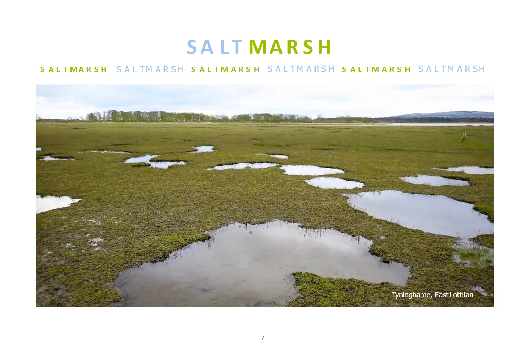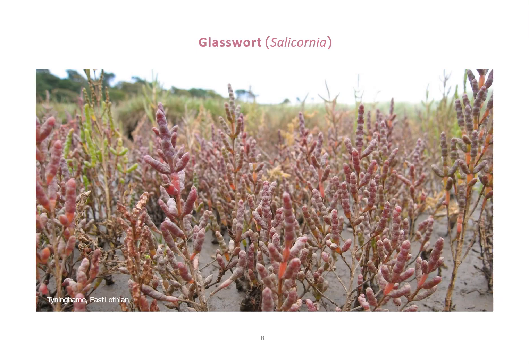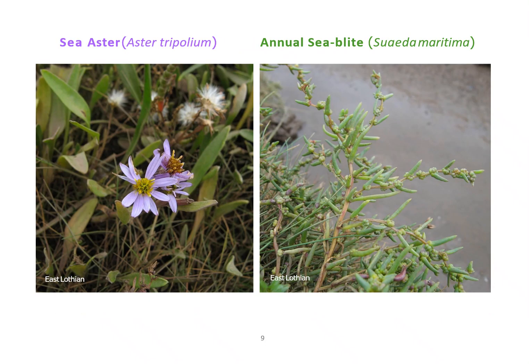Starting with the lower end, species like glasswort, Salicornia, very characteristic of the lowest salt marsh zone. And in the lower to middle zone, things like sea aster and the annual seablite, Suaeda. The sea aster is pretty common in the upper salt marsh zone, which is the bulk of our salt marsh really.